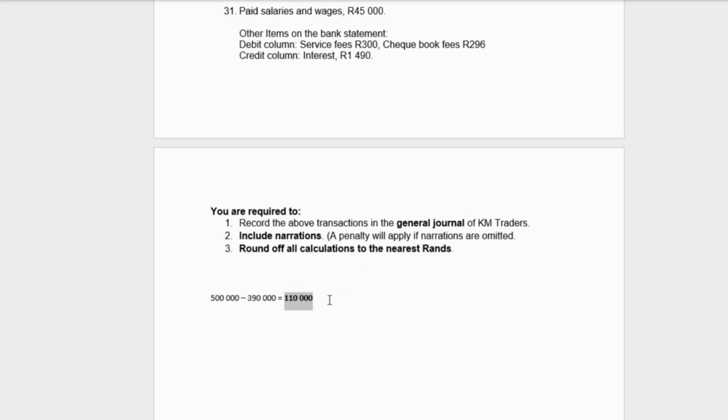Okay. And then remember, in the 110,000, there is cash, and there is also computers.